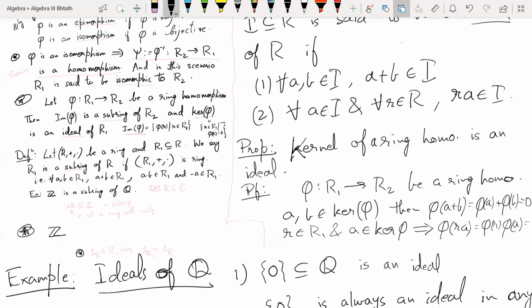So Z is in Z cross Z, or Z square, let's say. In Z square, the set is a subring.